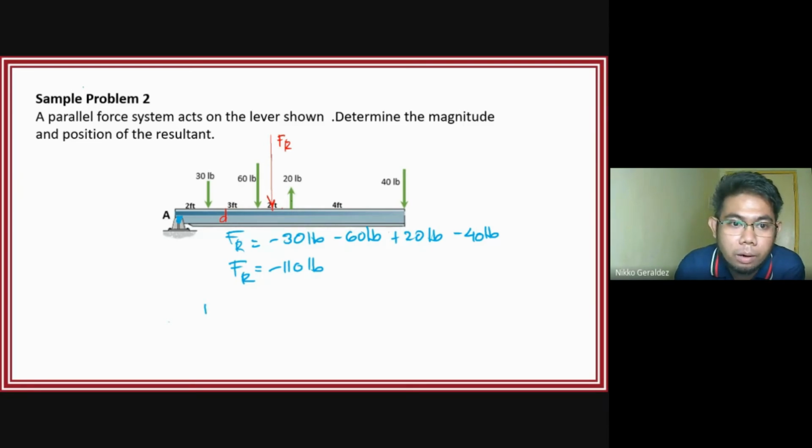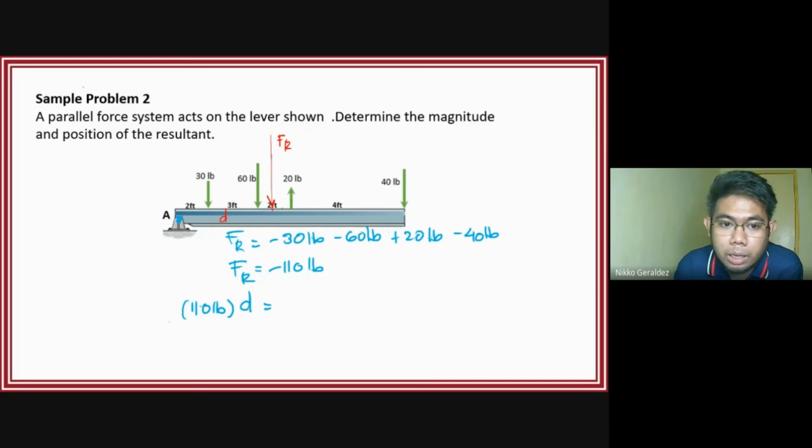So, that is FR, which is 110 pounds times D. So, equal to, kunin natin yung moment ng bawat force at point A. So, 30 pounds, clockwise, no?